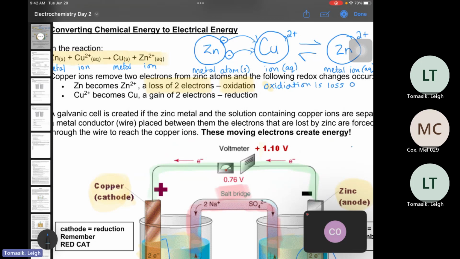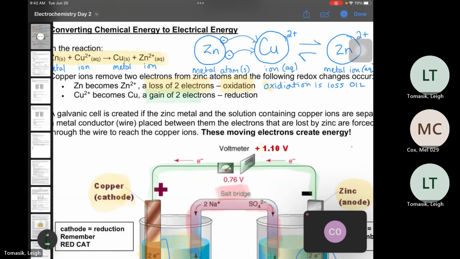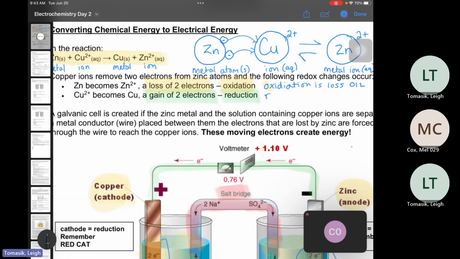That's the oil in oil rig. And copper gains 2 electrons, right? And that's reduction. So oxidation is loss, reduction is gain.